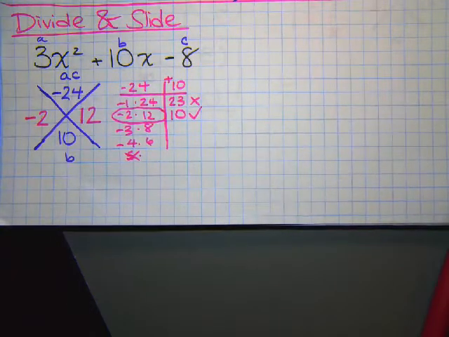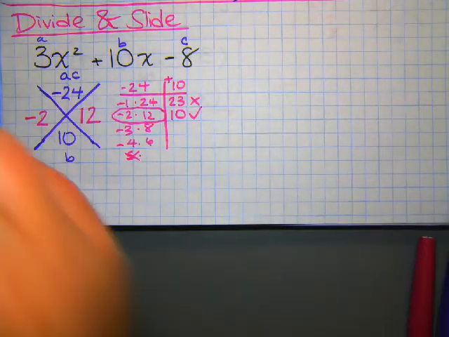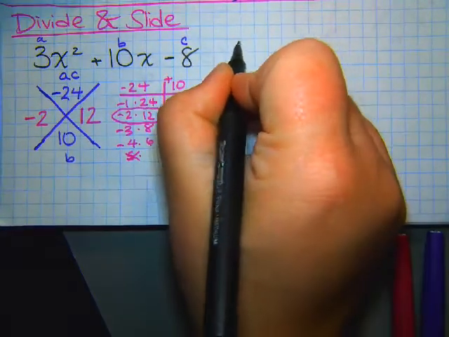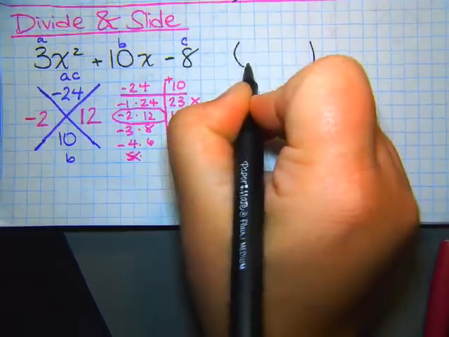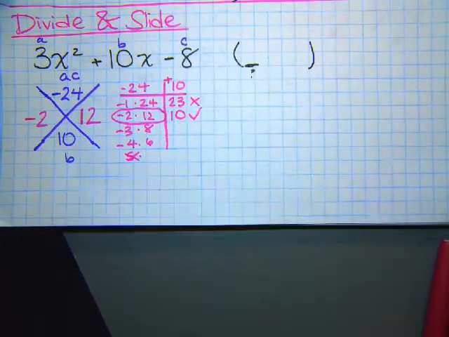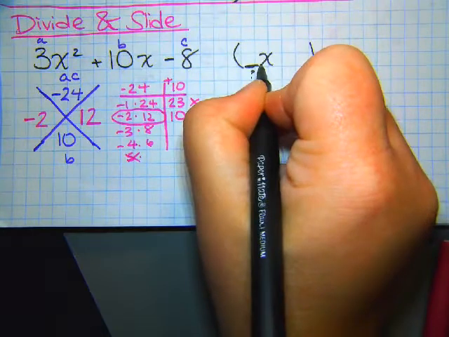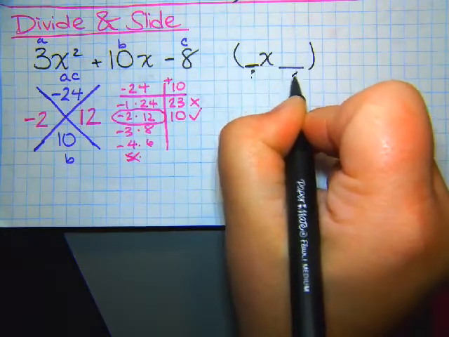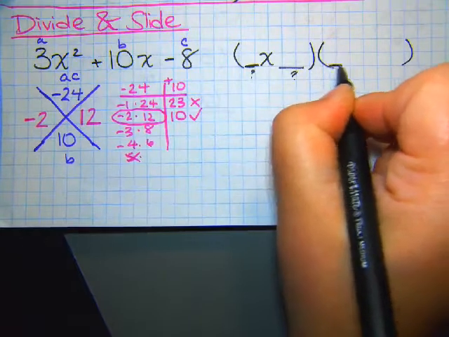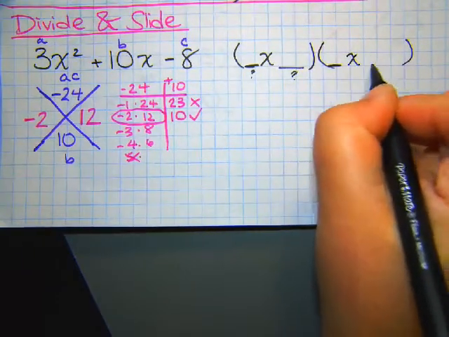Okay. So what we know when we do this divide and slide is that first, the ending form is going to be maybe a coefficient. We don't know. There could be a number here, there might not, with an x, and then times, and then the same thing. So maybe a number, x, and then a number here.